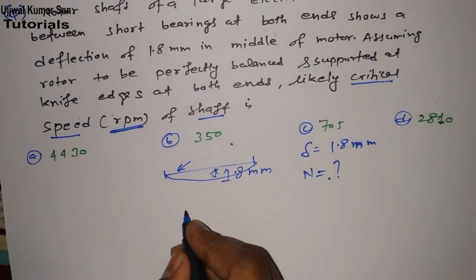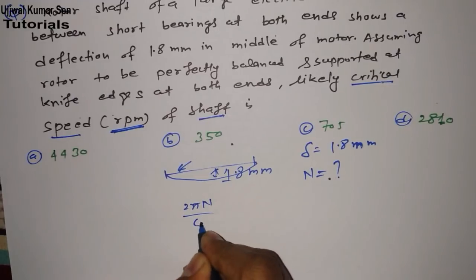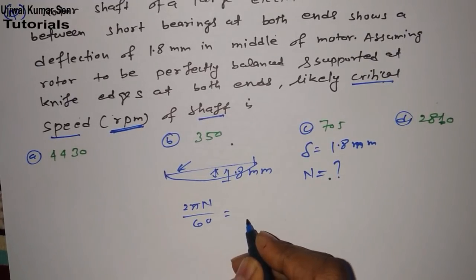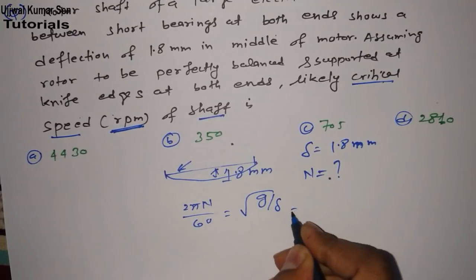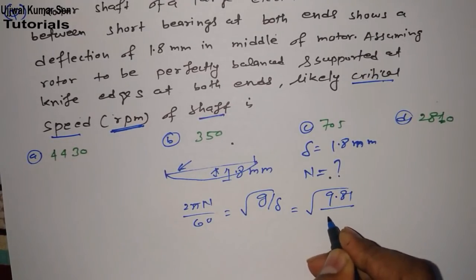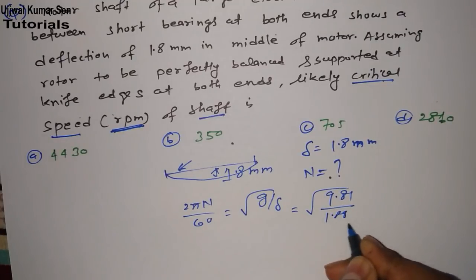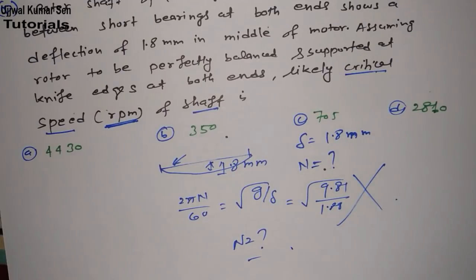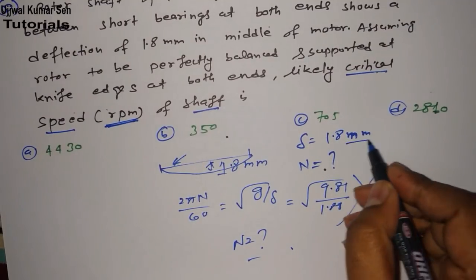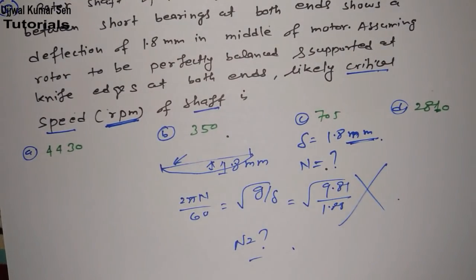Now what we got here: 2 pi N divided by 60 is equal to root of g by delta. So 9.81 divided by 1.8, right? And we will find out N. Wrong approach. If you are thinking like this, you cannot solve this problem right away, because we have to also see the unit. Without checking units, don't solve even a single numerical problem.